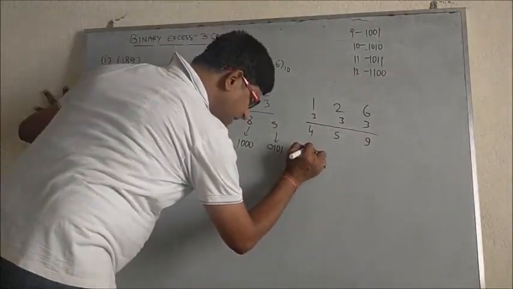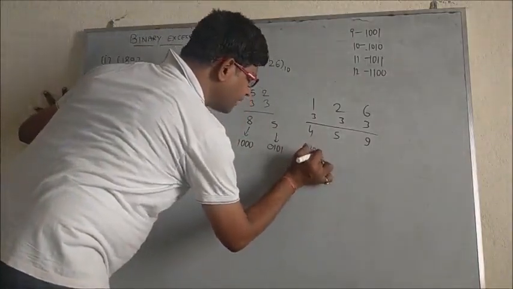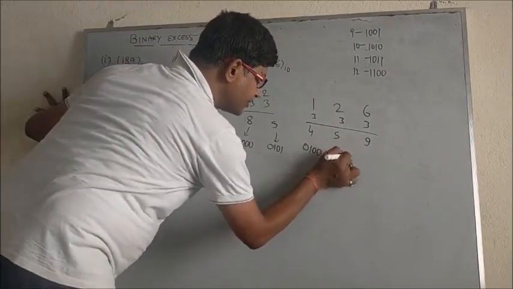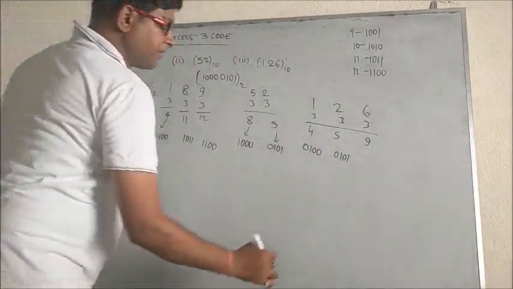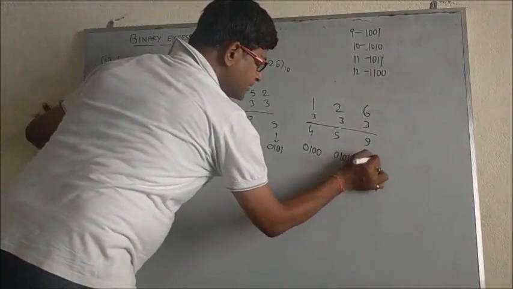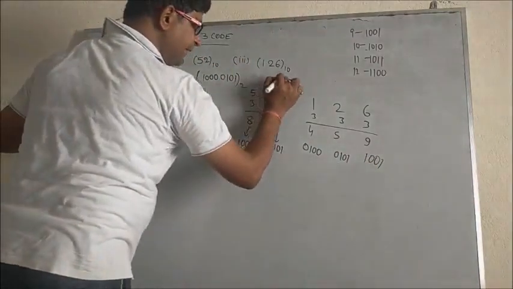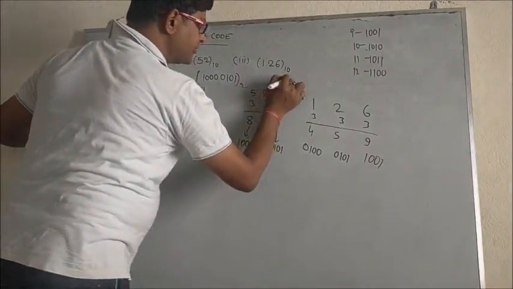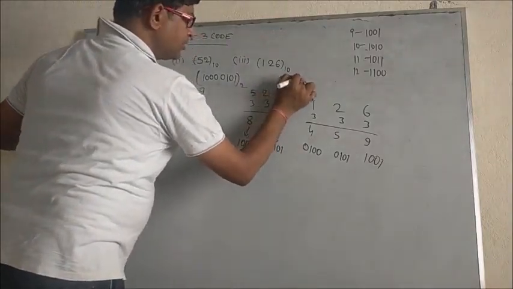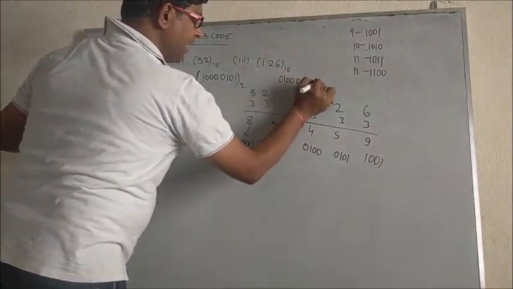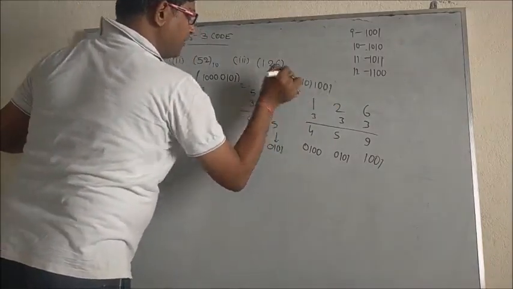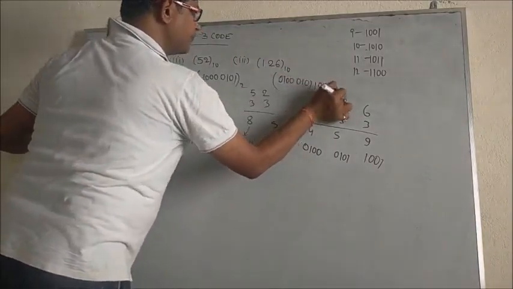It will be 0100, then 5 will be 0101, and 9 will be 1001. So the answer will be 0100 0101 1001 to the base 2.